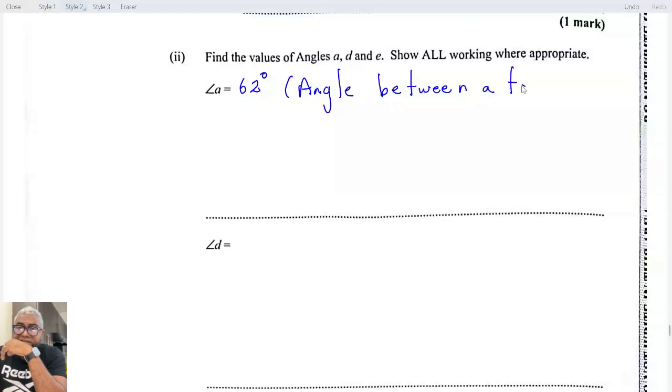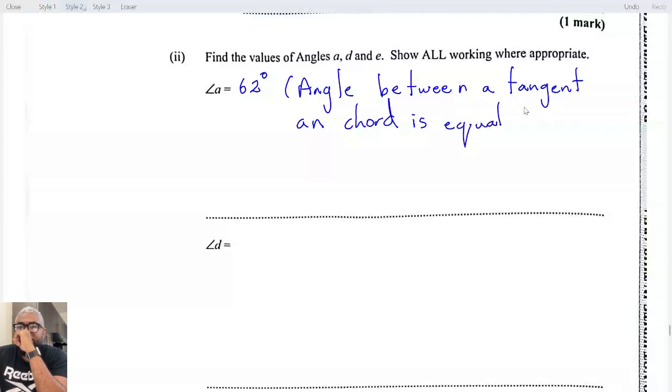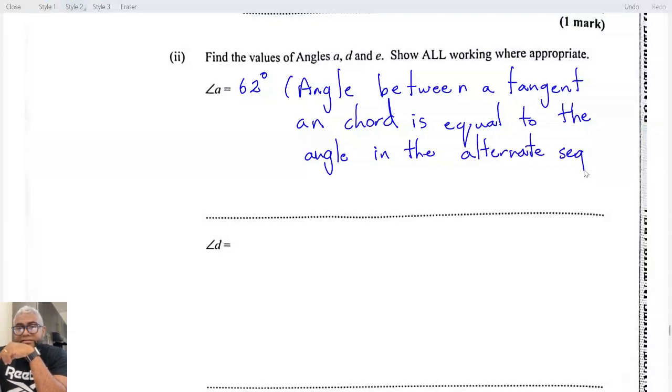Angle between a tangent and the chord, Tristan, is equal to the angle in the alternate segment.